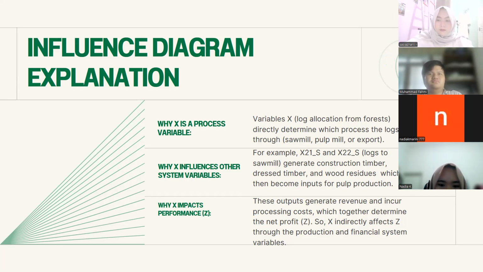And then why X generates revenue and incurs process costs, which together determine the net profit Z. So X indirectly affects Z through the production and financial system variables.